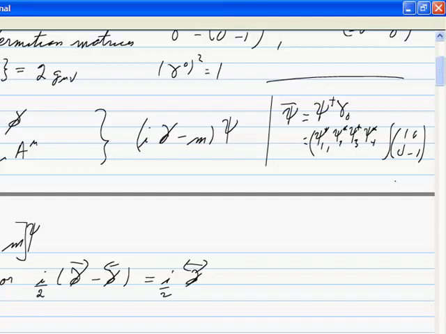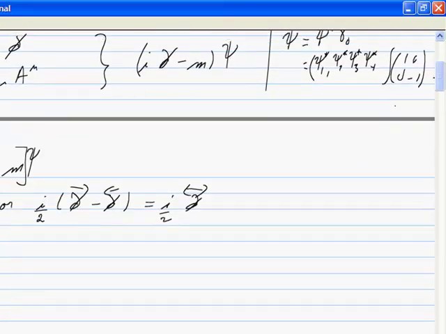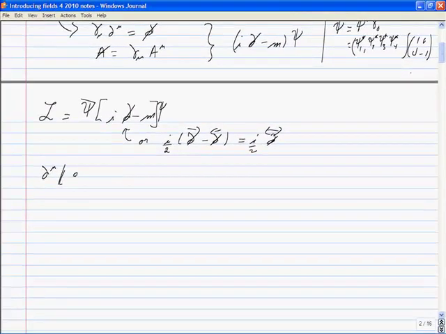So if you then vary, so if I take the equation of motion, d mu of the variation of the Lagrangian with respect to d mu psi bar, minus the variation of the Lagrangian with respect to psi bar.